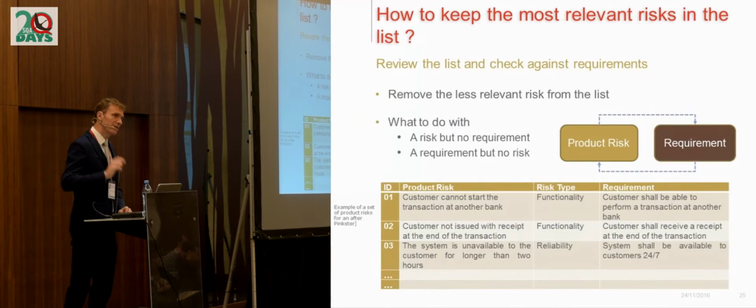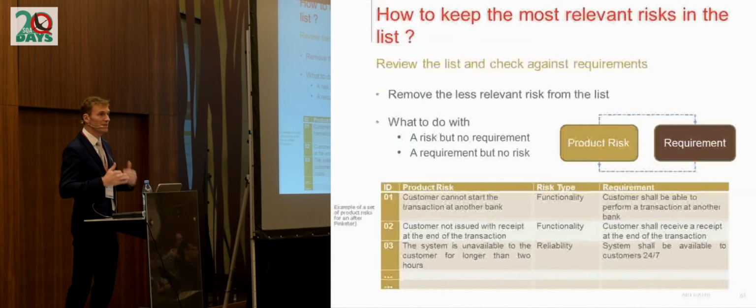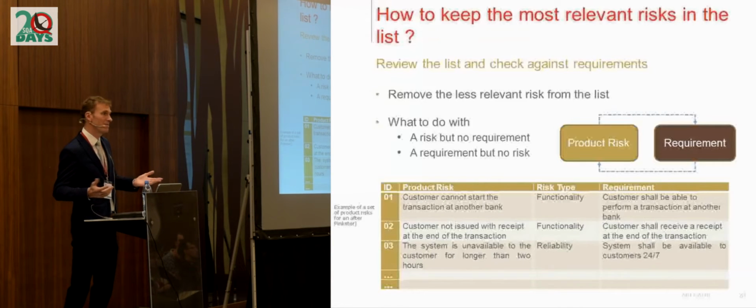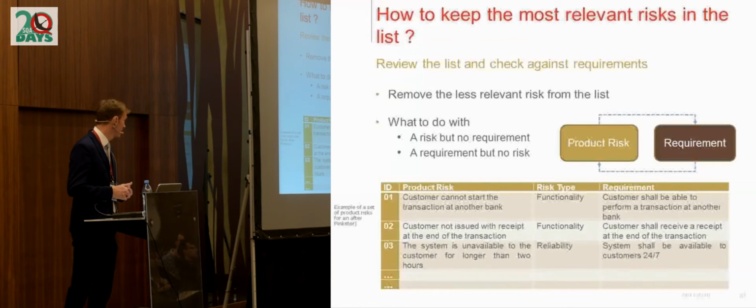And on the other side, we may have a requirement which we cannot link to a risk. So in that case, two options again: creating a new risk to cover partly the requirement, or removing the requirement, because if there's no risk at all associated to the requirement, it may mean that the requirement is not useful for the final customers.